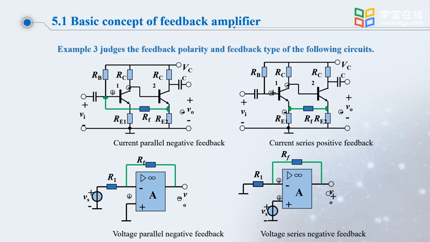Right, because the output is instantaneous positive, this is also instantaneous positive. The net input signal equals the same-direction input minus the reverse input terminal potential. The reverse input terminal potential is an increase, so the difference between them is a drop. The drop in their difference is certainly negative feedback. This is a voltage series negative feedback.